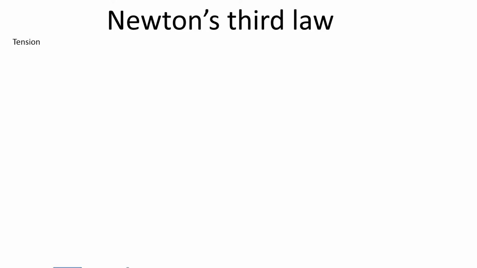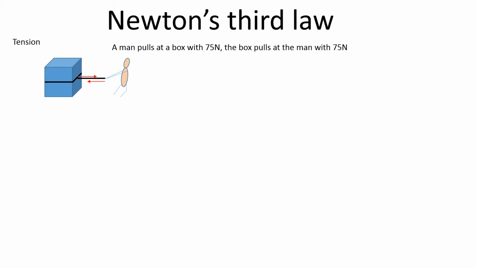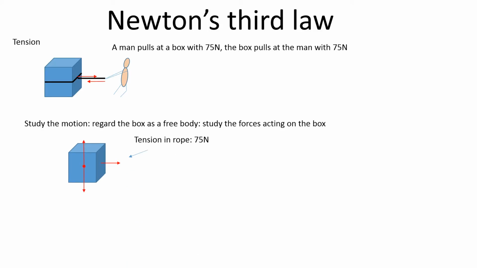Let's look also at tension, the tension force, which is also important in situations with Newton's third law. You see a man here pulling a crate or a box, and he pulls it with 75 newtons. The box also pulls at the man with 75 newtons. We're going to study the motion, so we have to regard the box as a free body, only the box. Study the forces acting on the box. So, same box, but drawn a little differently.